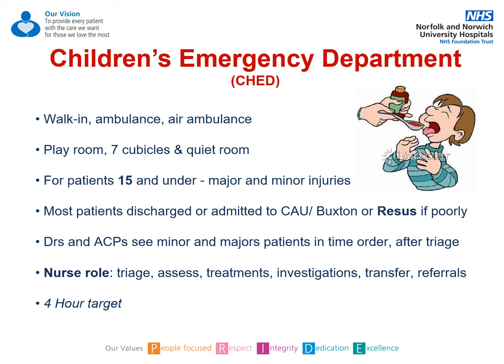So in A&E, a lot of the adult trained nurses will do 2 or 3 days to train to look after children in A&E, which again can seem quite daunting to begin with, especially if you've never really had much to do with looking after children. But once you get into it, it's actually very much the same as the adult areas. There's just a few small differences.